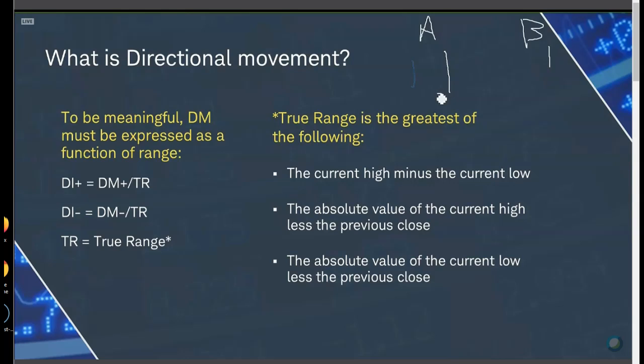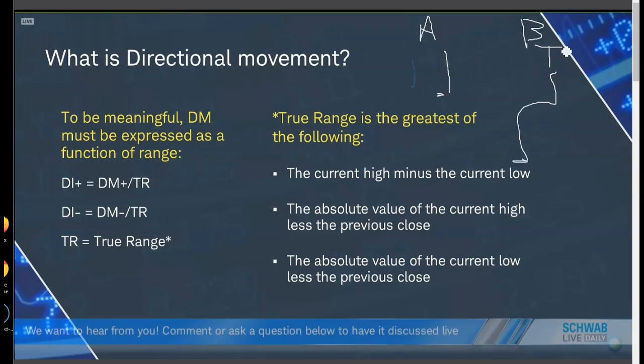But what happens if A closed here yesterday, B closed down here, gapped up, and then closed there? In one day, B actually has a greater range than A because you've got to consider gaps. So that's all true range does. It's basically considering gap moves. So B actually has a greater true range than A.